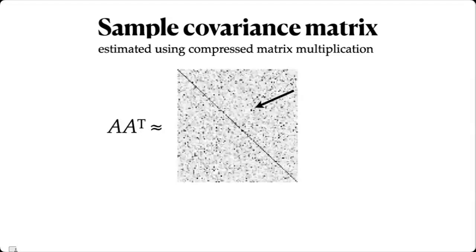And it turns out that even if you estimate this using compressed matrix multiplication and sketch this whole matrix rather than compute it explicitly, you actually get a signal that is strong enough to give you a reasonably small list of candidate pairs that you can then check for correlations. So this is not a state-of-the-art algorithm for this problem, which is called the light bulb problem, but it's a simple one.